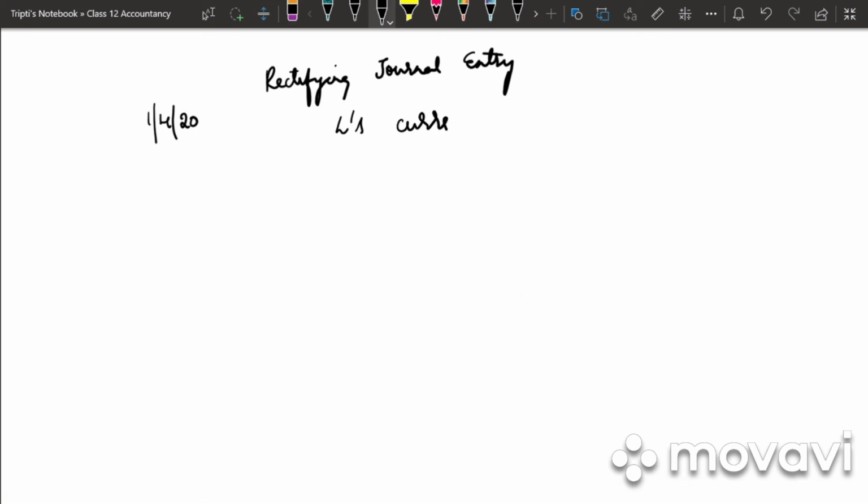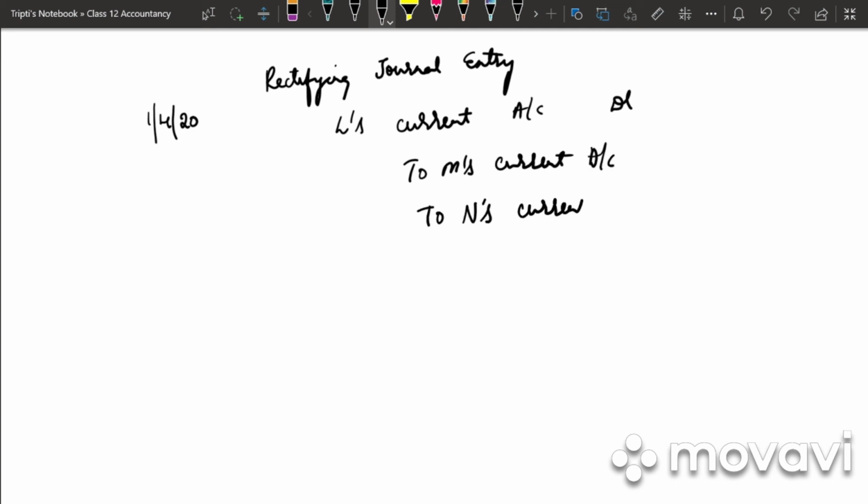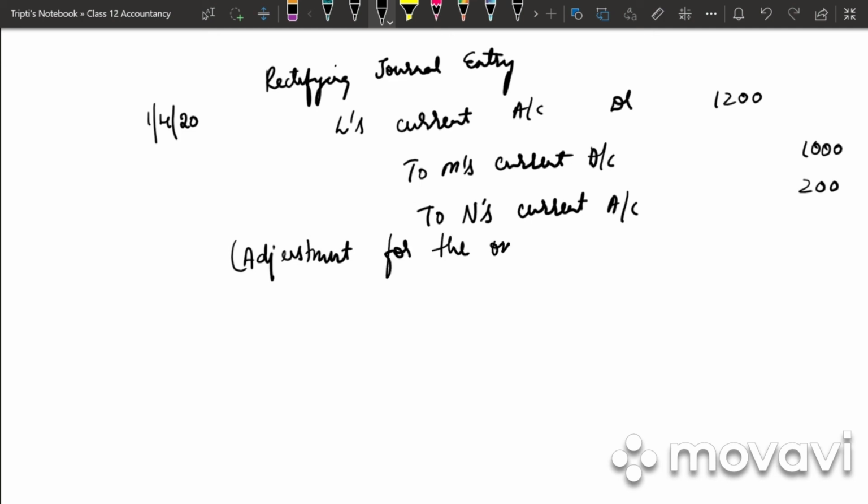So L's current account debited to M's current account to N's current account. So for L it is 1,200, M it is 1,000 and N it is 200. So we will be writing a narration: adjustment for the omission of interest on capital.